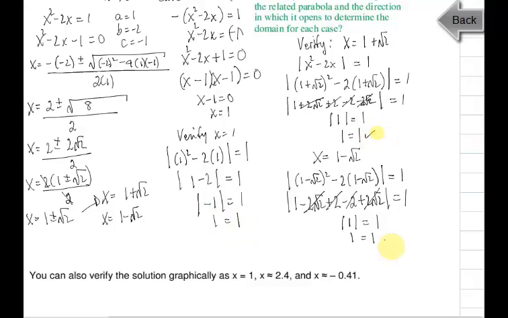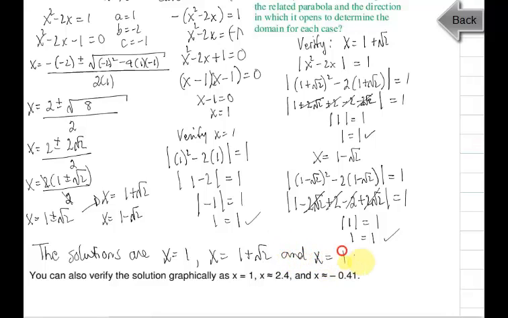Okay, so they all work. And so the solutions are x equals 1, x equals 1 plus the square root of 2, and x equals 1 minus the square root of 2.